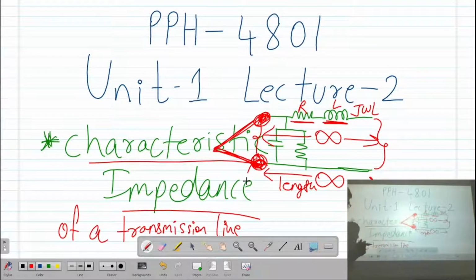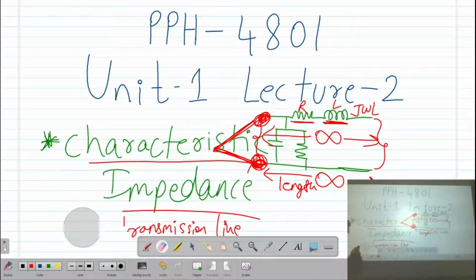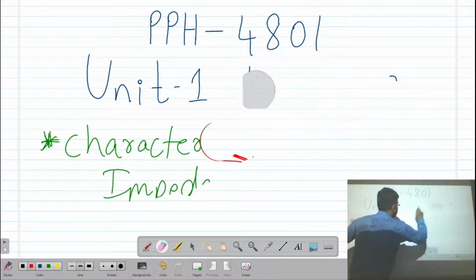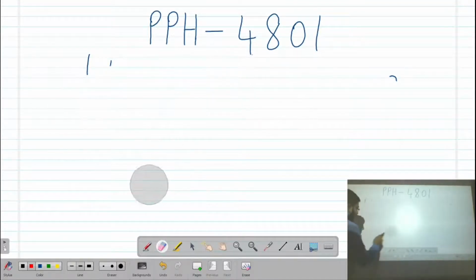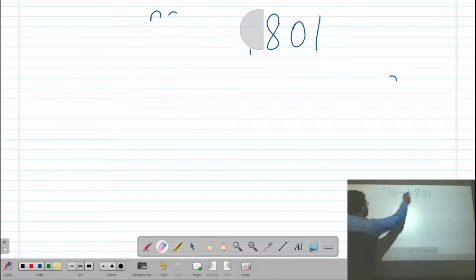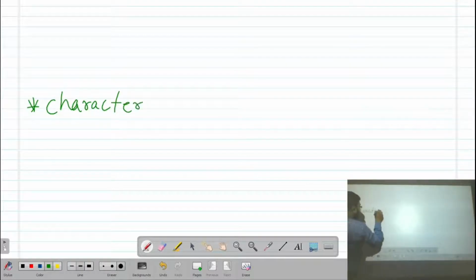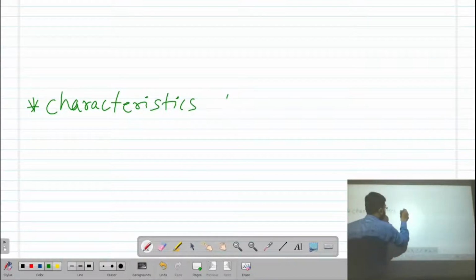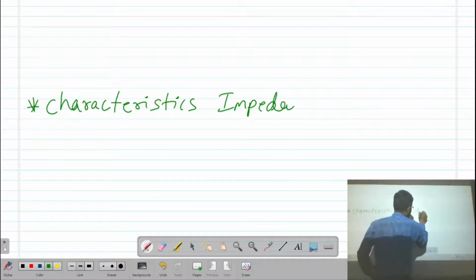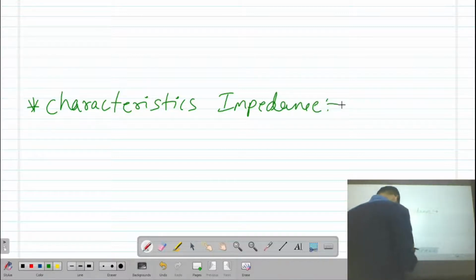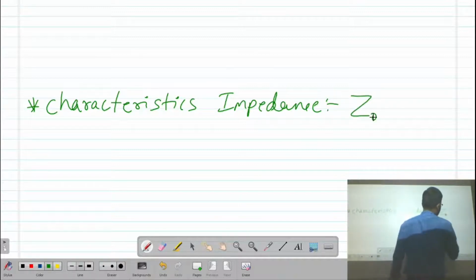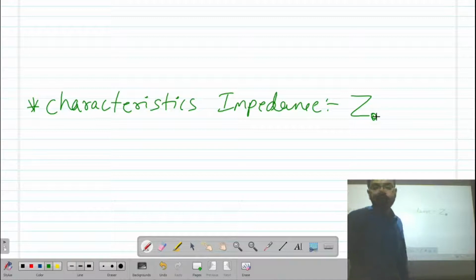Let us see how the definition can be written, and we will derive some of the equations for characteristic impedance. Characteristic impedance is represented by Z0.